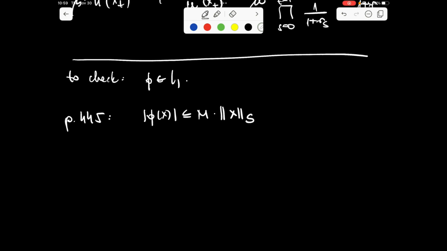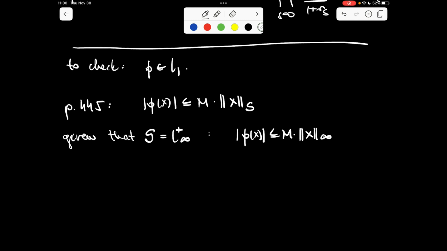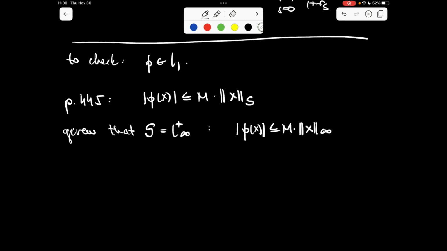In general, given that the space we use is L infinity, this is the definition of a continuous and bounded linear functional. So this must be finite.